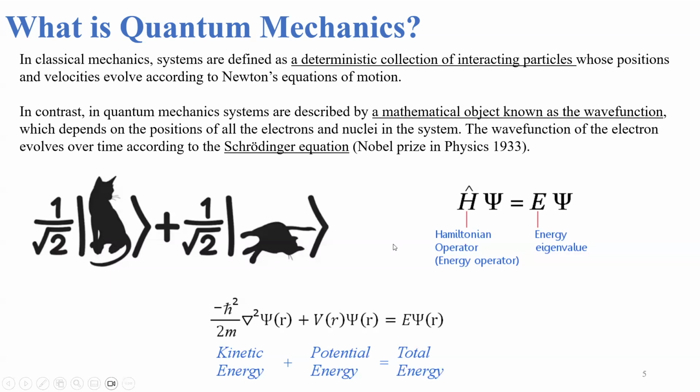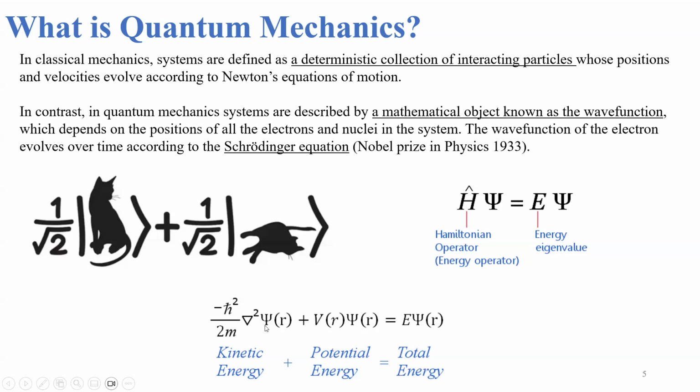Now the Hamiltonian is usually represented by a matrix, which we learned in our mathematical foundation module. If you take the matrix eigenvalue, that will give you the energy of that system. This matrix representation can also be represented by a differential equation.